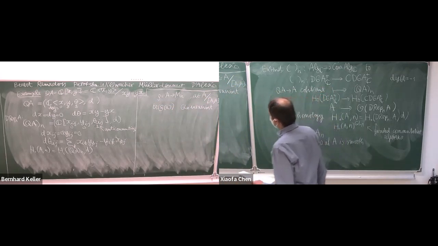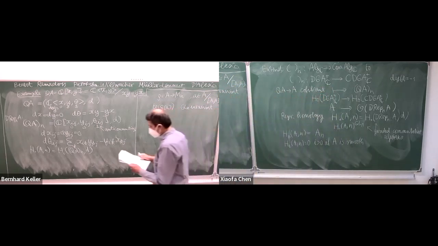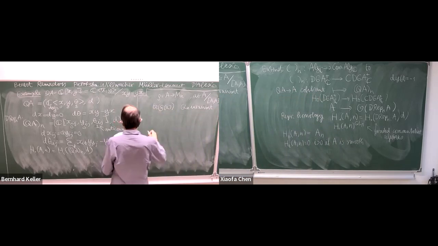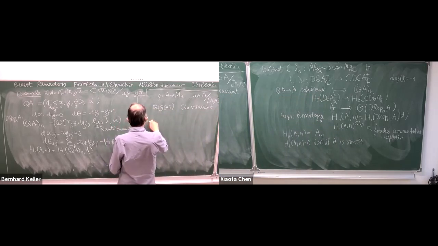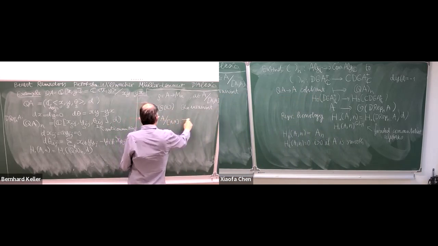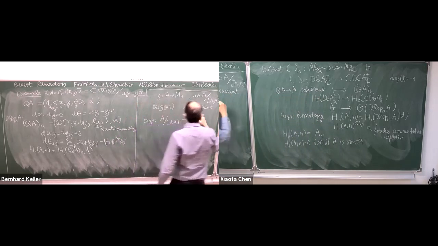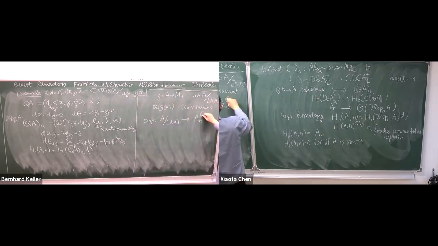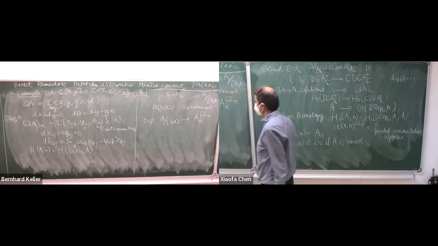So what you have is trace rho, think of it as a map from A to the invariant functions on the representation scheme.